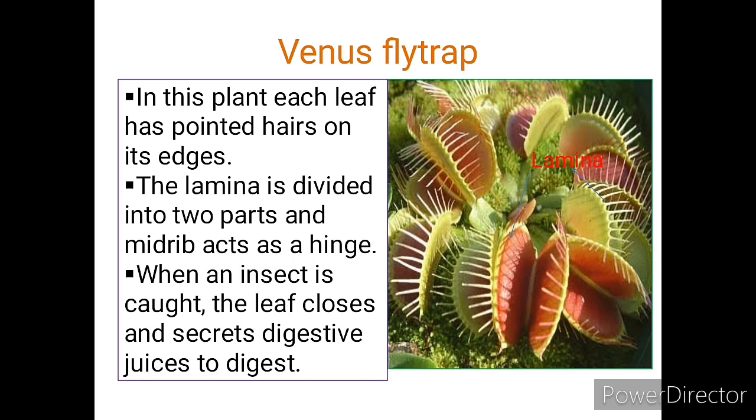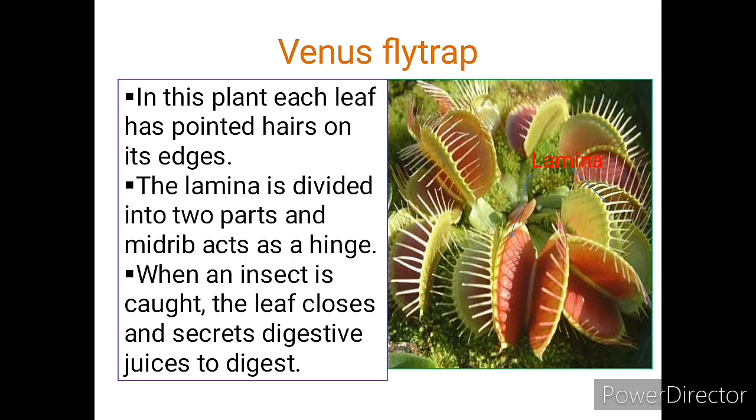The next common type of plant is the Venus flytrap. In this plant, each leaf has pointed hairs on its edges, and the lamina is divided into two parts, and the midrib acts as a hinge.